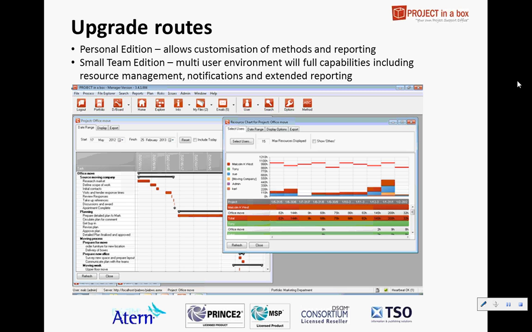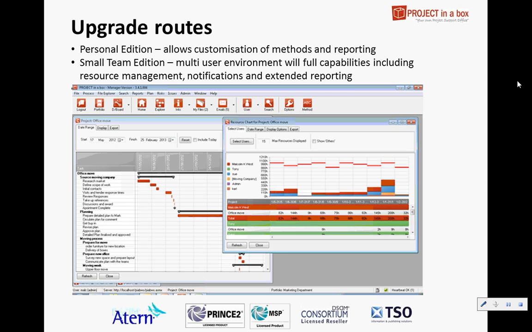But if you do want to move up to our Personal Edition, that allows you to personalize and customize the methodologies, and also do reporting and integration with email, etc., to manage your projects in a professional way. We have 1,500 project managers who've done that.